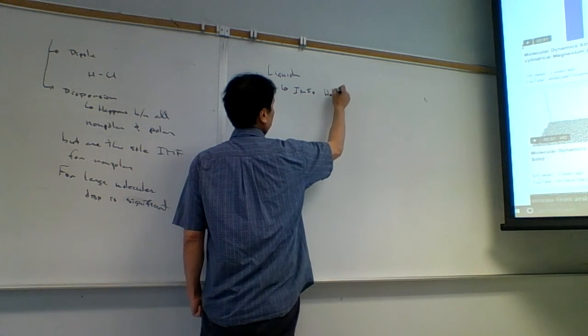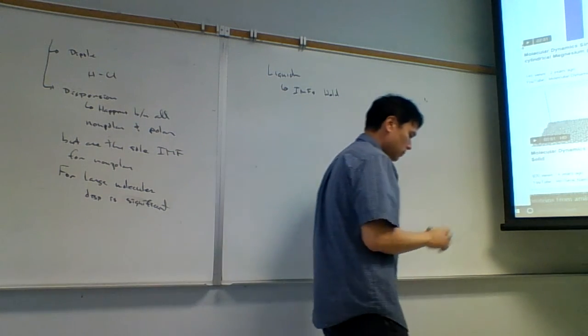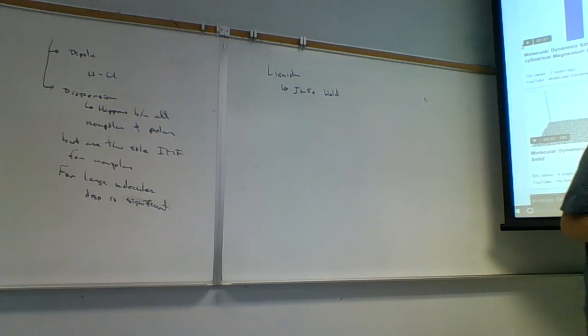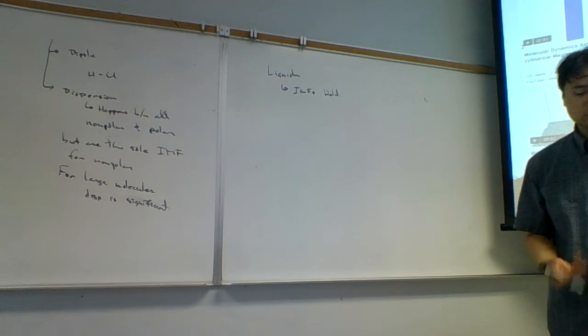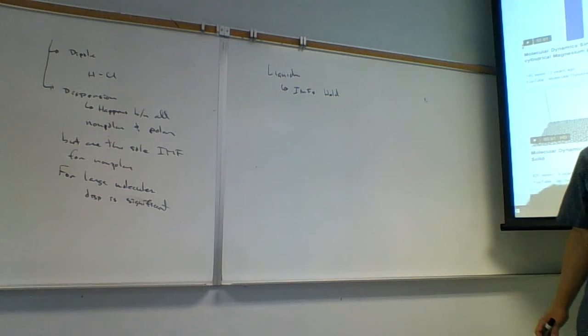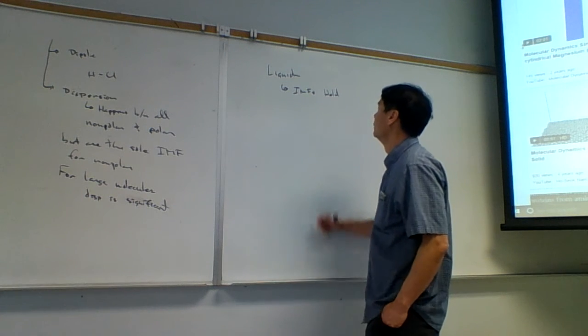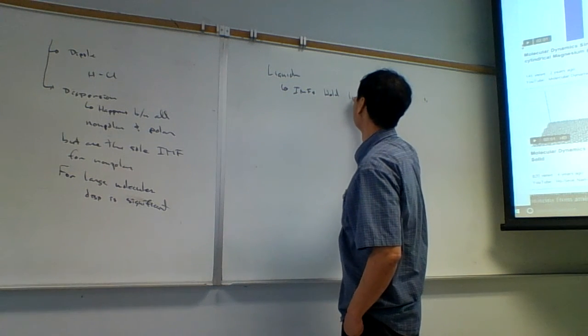So the IMFs hold the particles together. Take, for example, liquid gold. It's the IMFs, the dispersion forces between the gold atoms, holding them together, not the metallic bonds, because the metallic bonds would freeze it. So IMFs hold liquid particles together.